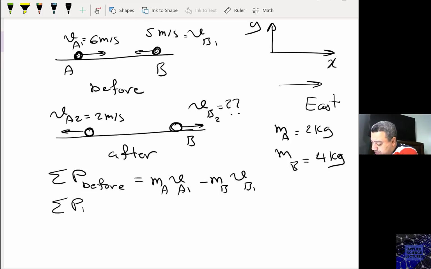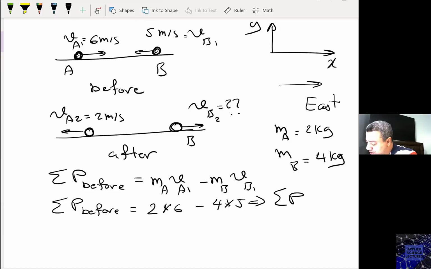Sigma p before equals ma is 2 kilograms, va1 is 6, minus 4 times 5. This gives me sigma p before equals minus 8.